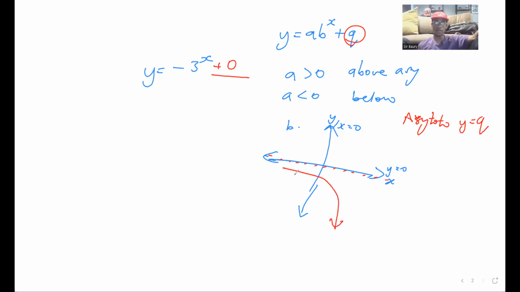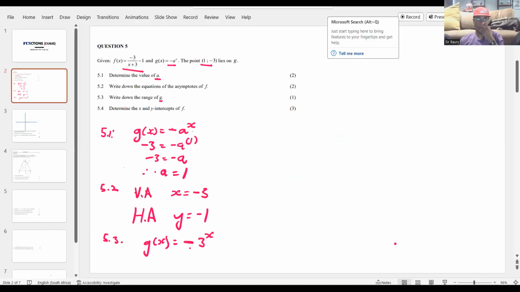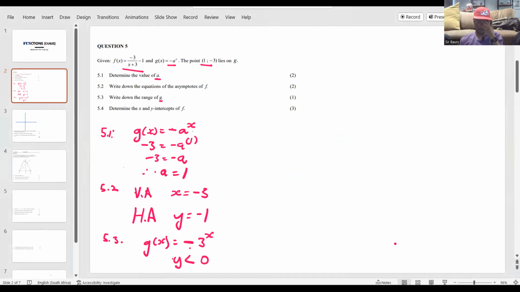This is what I'm going to have below the asymptote. So the range is determined by the asymptote too. So y must be less than q. What is the value of q? q is 0 in the equation. So here, my range is going to be y must be less than 0, right?